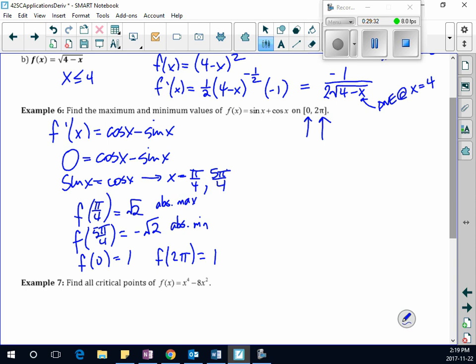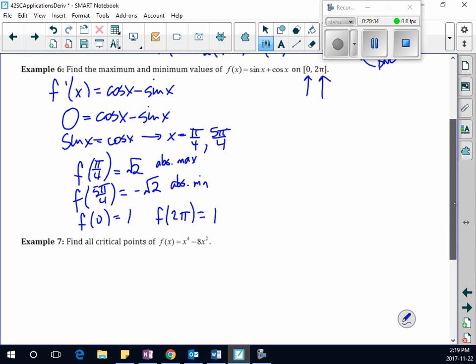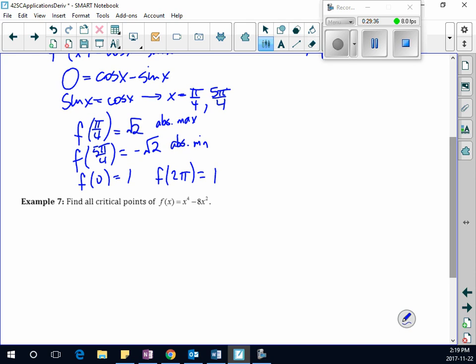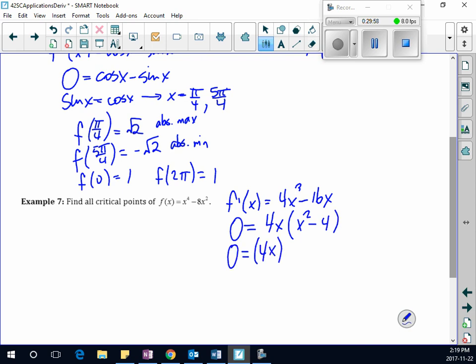All right. Okay, let's see if we can do this in the little amount of time we have. Okay, f prime of x. Find the derivative. What's the derivative? 4x cubed minus 16x. Set it equal to 0 and factor. I can pull out a 4x, and I'm left with x squared minus 4, which also factors, so it's 4x times x minus 2, x plus 2.